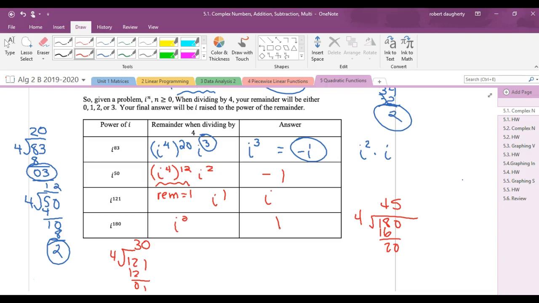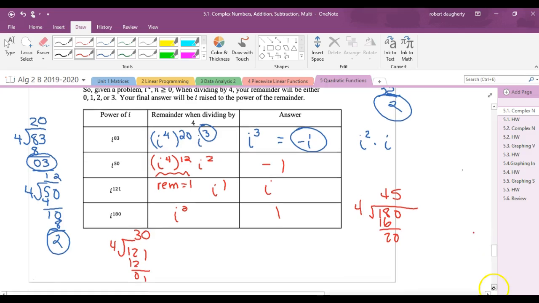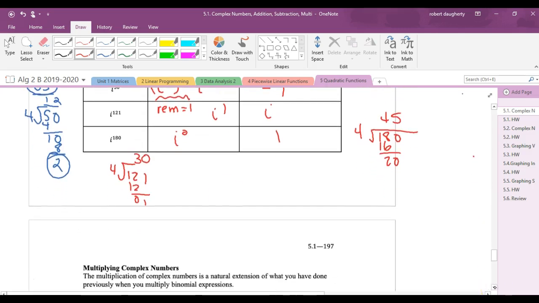And then you have to be able to know: if your remainder is 0, i to the 0 is 1. If your remainder is 1, i to the 1 is i. If your remainder is 2, i squared is what? -1. If your remainder is 3, i cubed is, and if you don't remember this, i cubed is i squared times i.